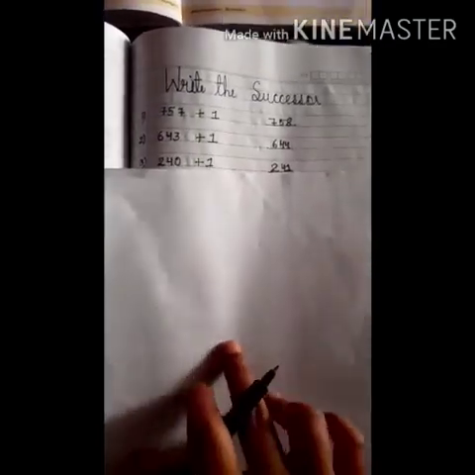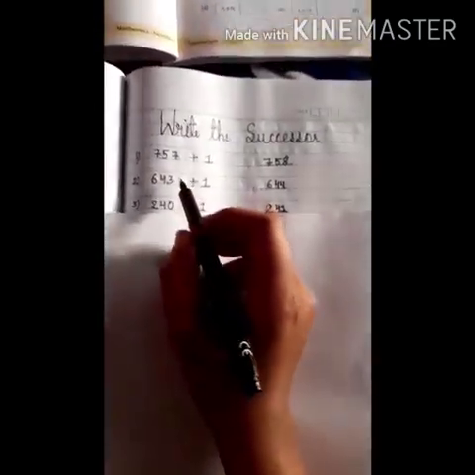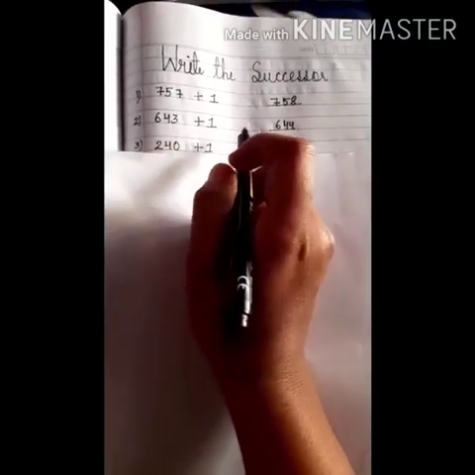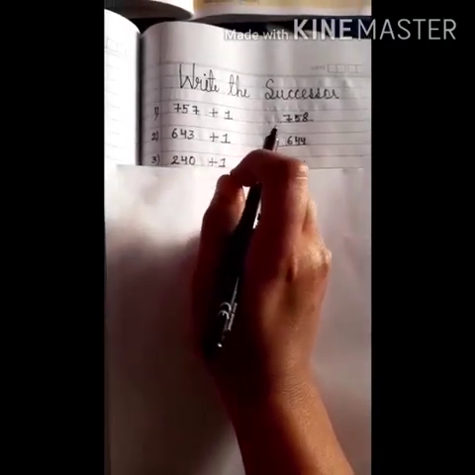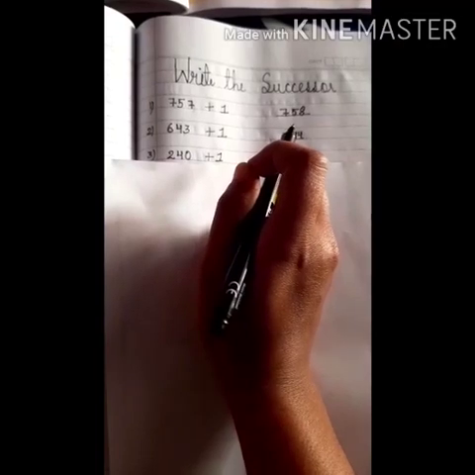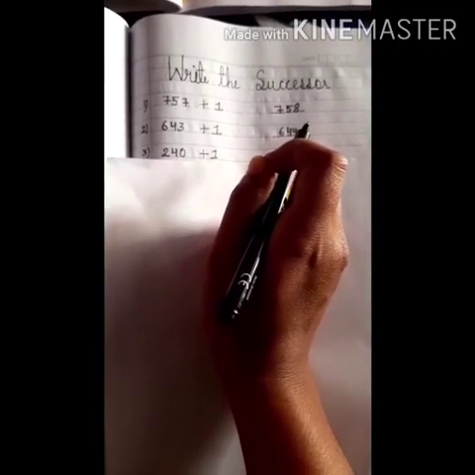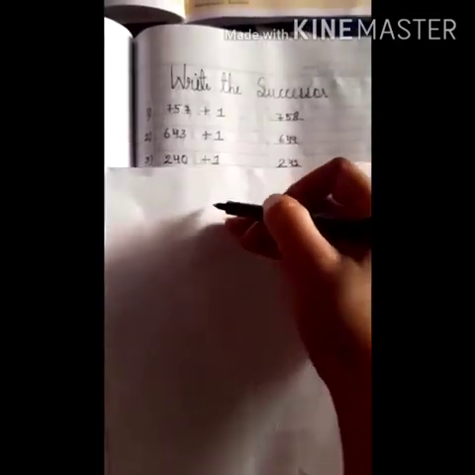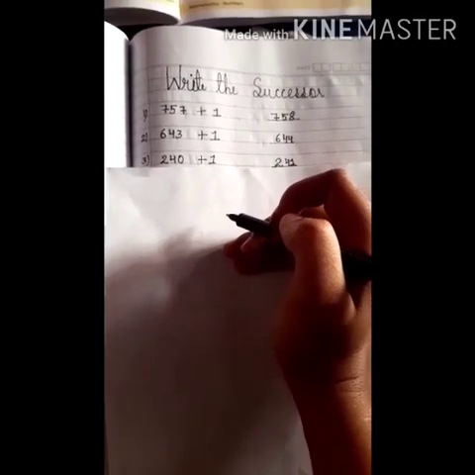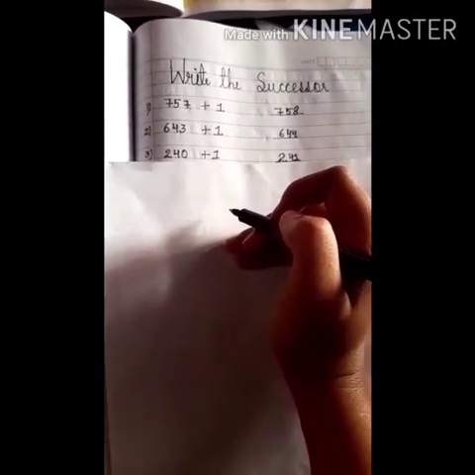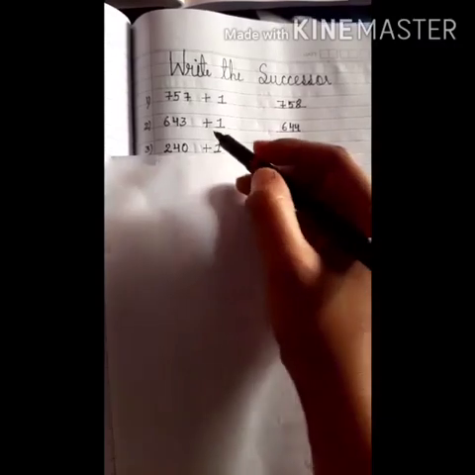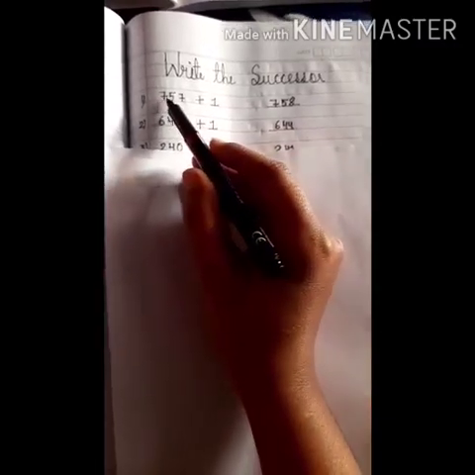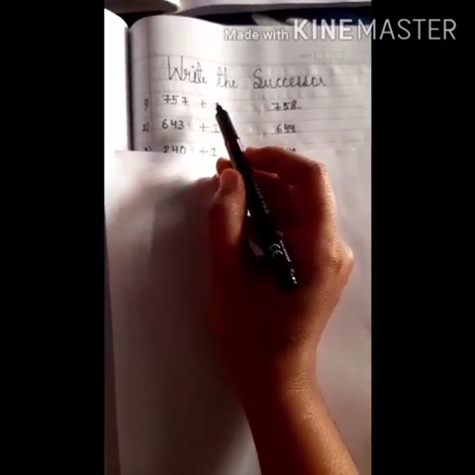We will see some of the exercises. Write the successor. So children, what is a successor? Successor means the number which comes immediately after a particular number is called its successor. And you can also say that successor means adding 1 to the given number. So the first one is 757 plus 1.